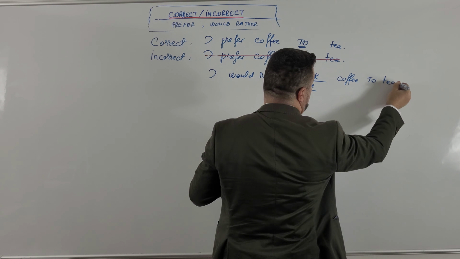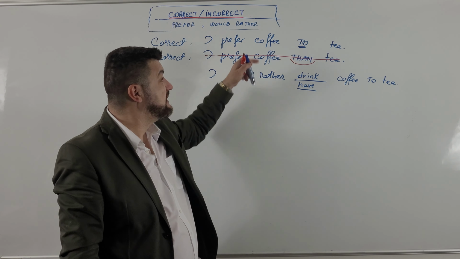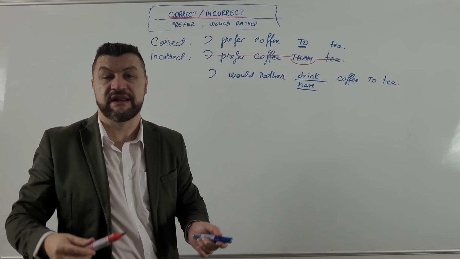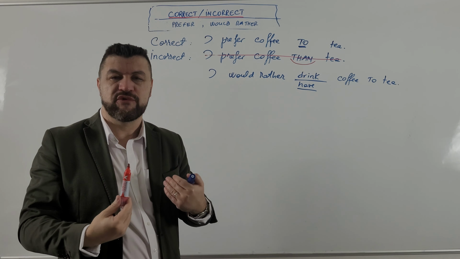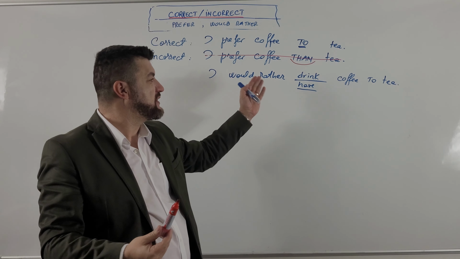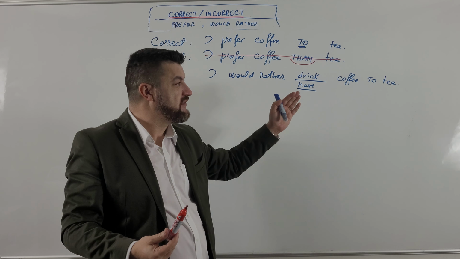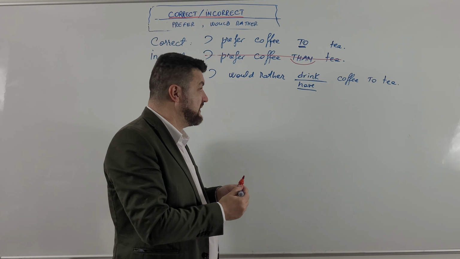to tea. And now I'm trying, because I first learned I prefer coffee to tea, and now I know that it's correct. And then when I finally put would rather in my vocabulary, then I say, okay, now I'm going to say I would rather drink or have coffee to tea. No, would rather is with than.